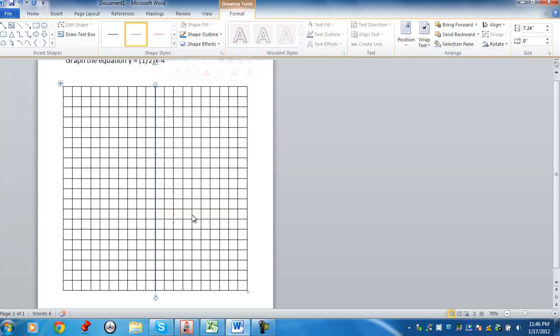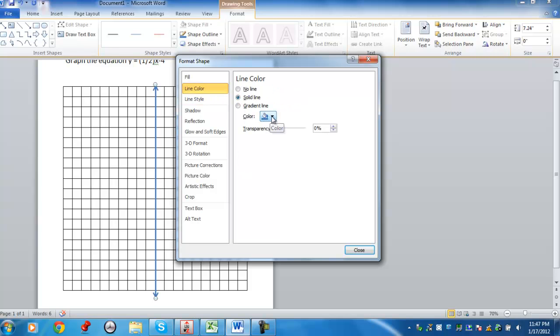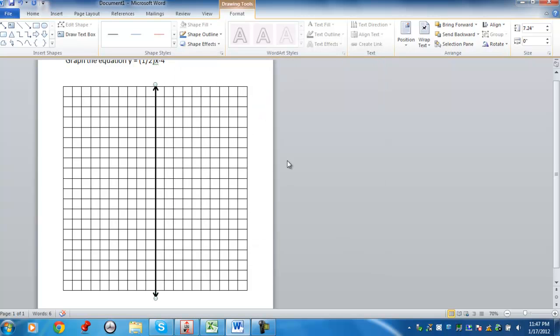We're going to format the width, and we're going to do the color. I'm going to choose black as a traditional color to use. Establish where the x-axis is going to be.